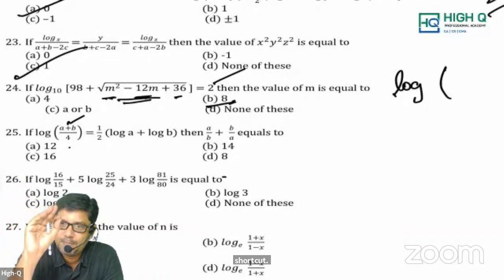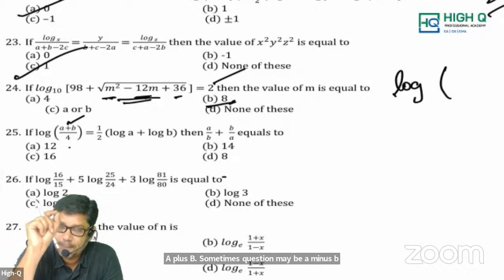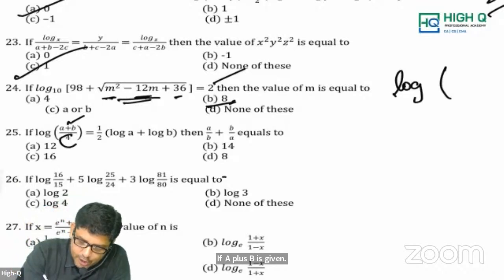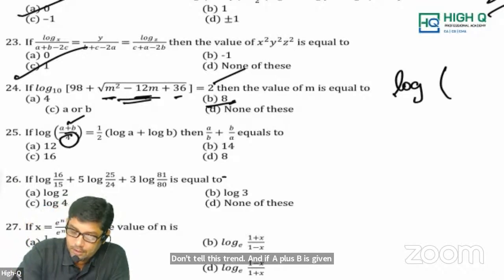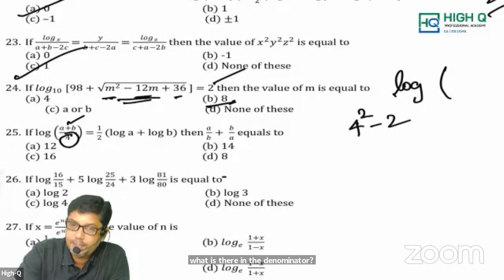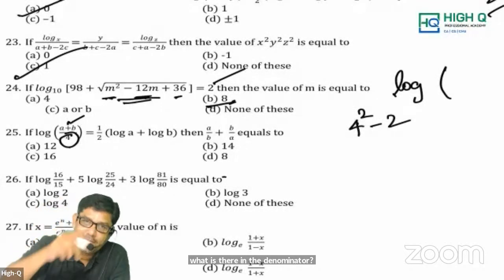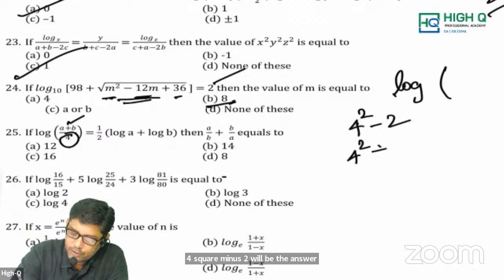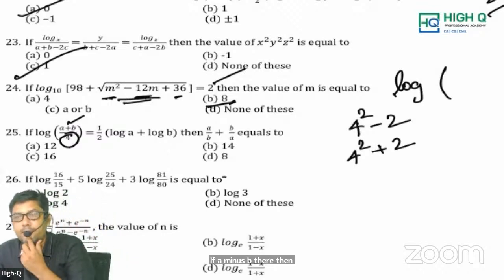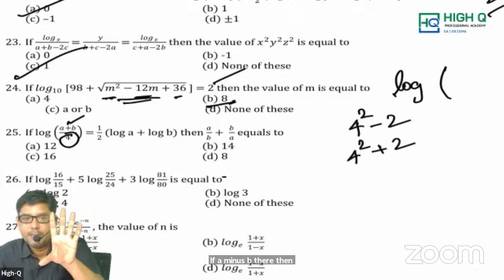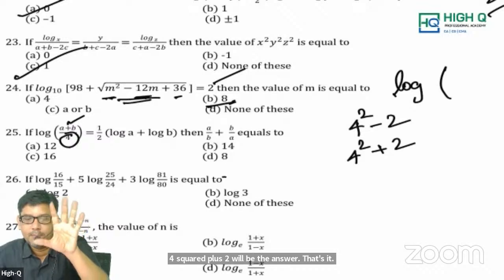If a plus b is given, don't tell this to anyone, what is there in the denominator? 4 square minus 2 will be the answer. If a minus b is there, then 4 square plus 2 will be the answer. That's it. But remember the pattern.